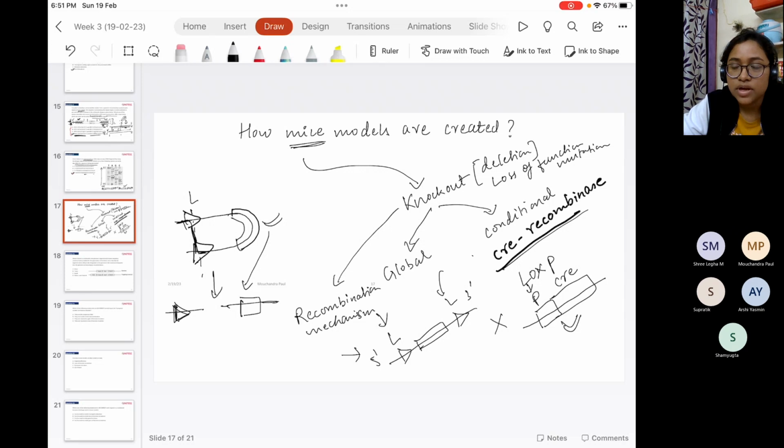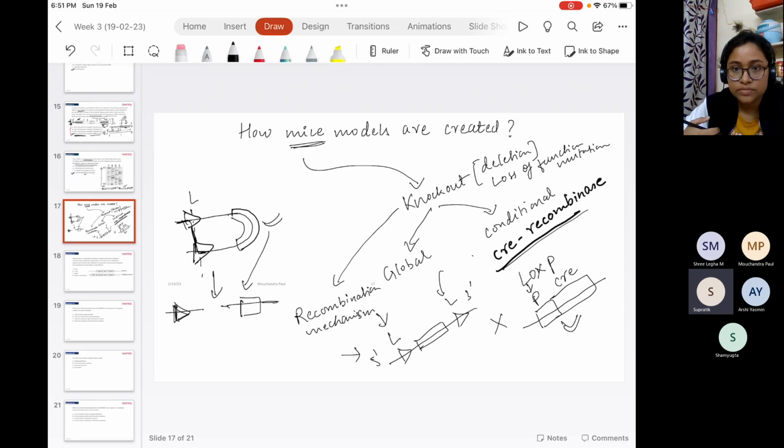So I think you're asking whether, once I have created a mouse with a conditional knockout, it will be passed on to the next generation. Is that your question? Let me explain it.